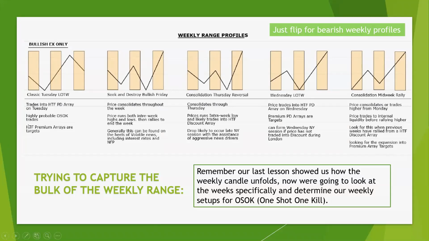And remember, whenever we're looking at the weekly range and looking for our expansion move, we're trying to catch a move from a discount array up to a premium array. So this premium array will be our target. What we're going to be trying to do is catch, say, from off of a weekly order block up to a daily fair value gap or a daily order block or whatever.